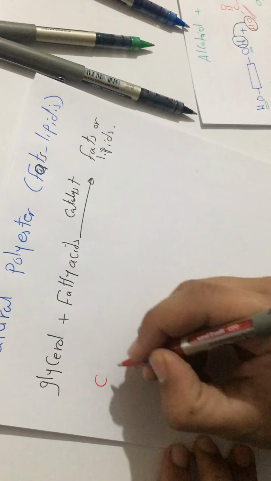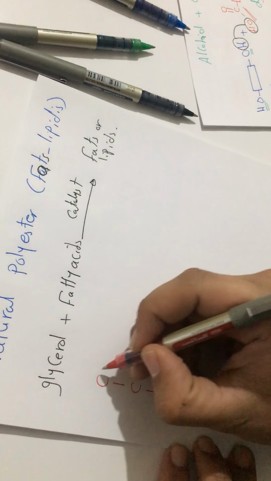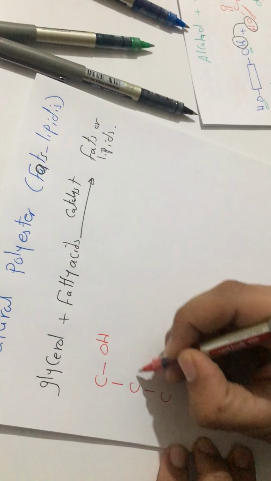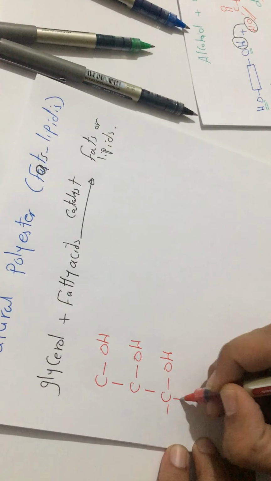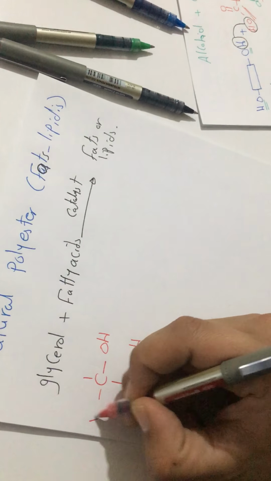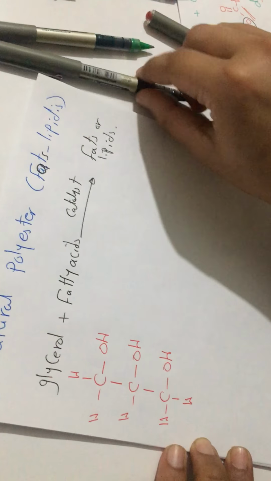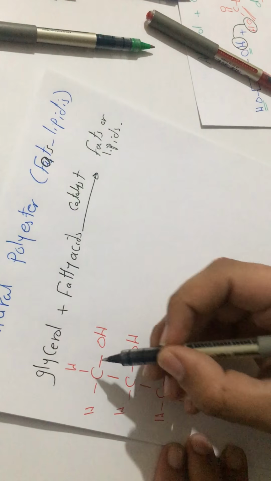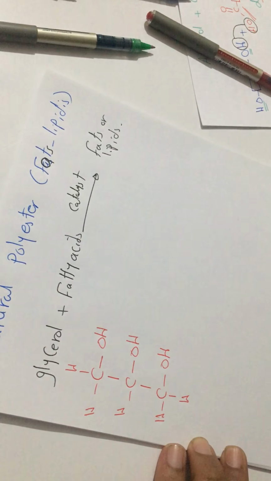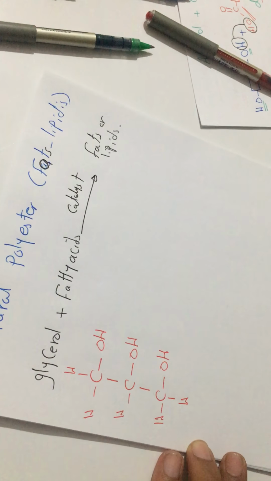Glycerol is an alcohol formed of 3 carbon atoms, and we have 3 OH groups, and the remainder of the molecule is hydrogen. So if you want to write glycerol, write 3 carbon atoms vertically, join to them 3 OH groups, and fill the remaining bonds of the carbons with hydrogens.